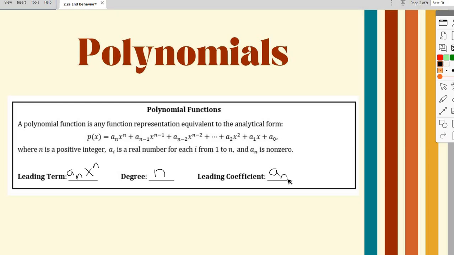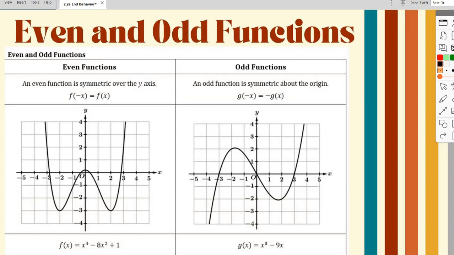So speaking of examples, we also have what's called even and odd functions. So these are also going to be important. We're going to label things as even and odd. The 2 biggest takeaways from even and odd functions, okay? For an even function, it's going to meet the requirement that f of negative x has to equal f of x.